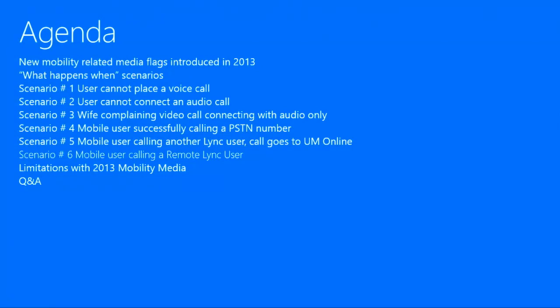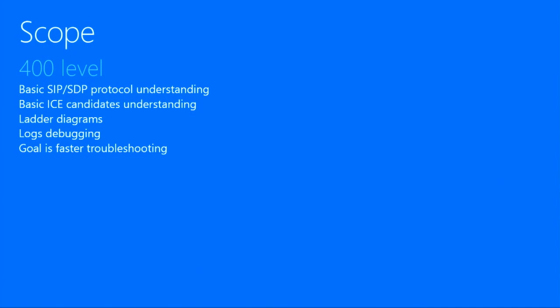The scope is a 400 level. So we are assuming that there is a basic SIP and SDP level of protocol understanding. SIP is the Session Initiation Protocol, and SDP is the one that is used for exchanging the media candidates. We also assume some ICE candidate understanding, because that's used heavily for media candidate checks and building up the final media candidates.